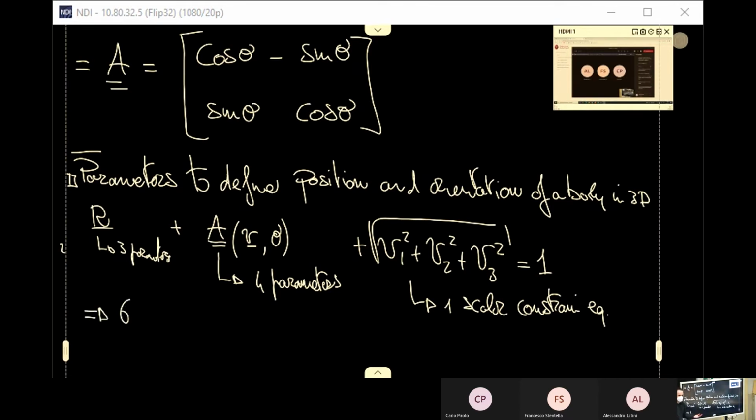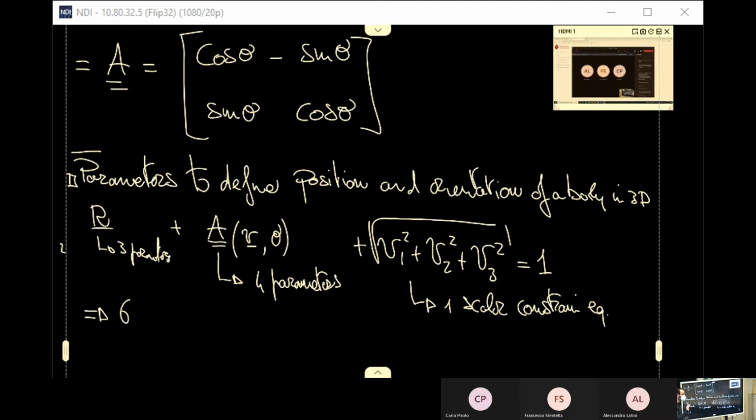So we can actually say that in general we need 6 independent parameters to completely and univocally define the position and orientation of a body within the space. Don't you also need R0 over bar? Yes, but this is actually not true, because we need R0 over bar if we want to locate a position of the body.